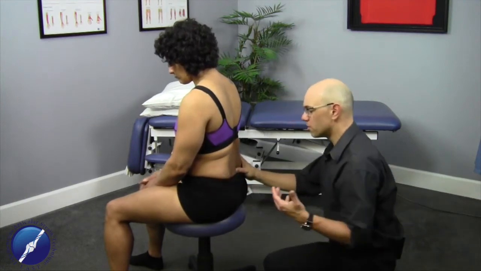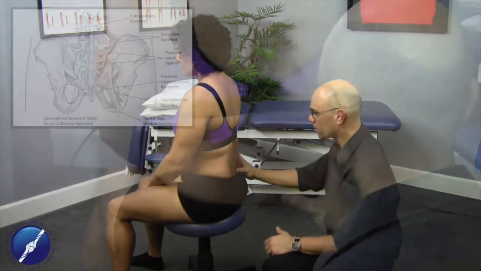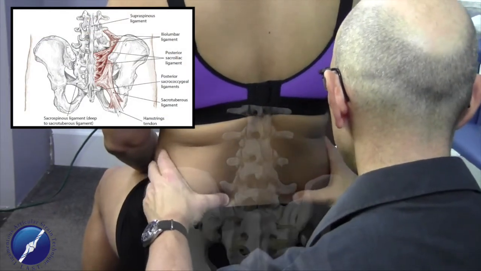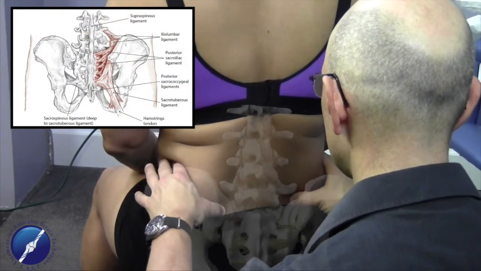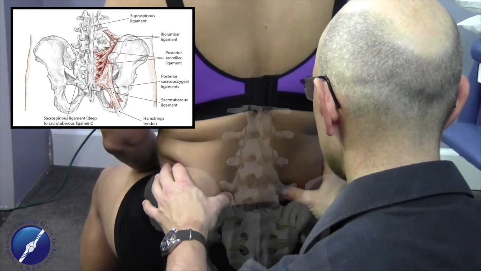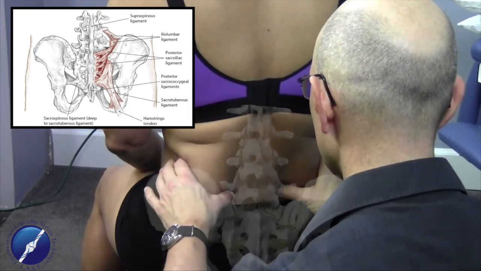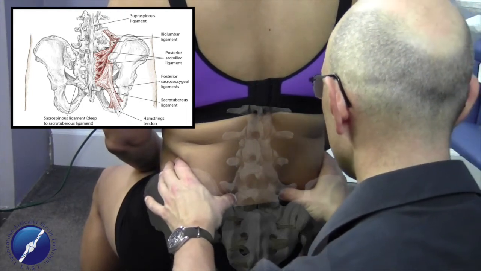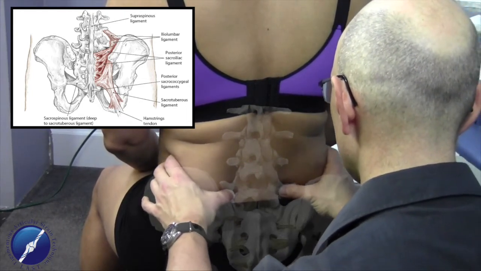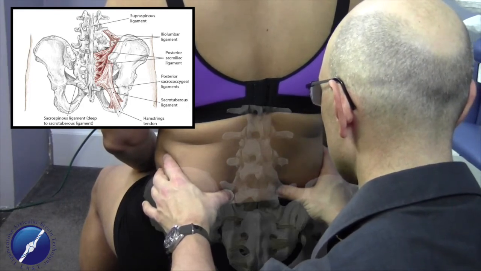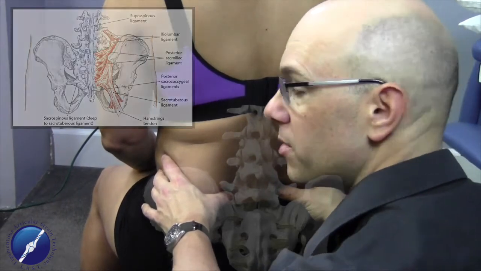So first off, I want you to get crouched down behind your patient. Your patient is seated here, and I want you to find the iliac crests, find the PSISs, the posterior superior iliac spines. There should be a little bit of a divot that you can fit your thumbs into, and this is where that L5 transverse process and the iliolumbar ligament should be.